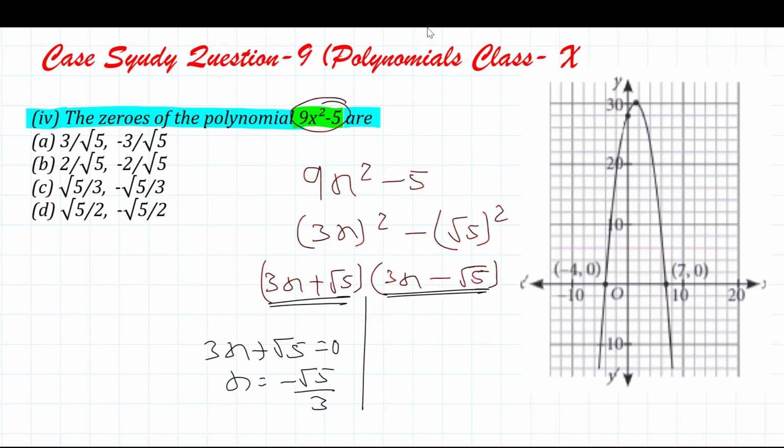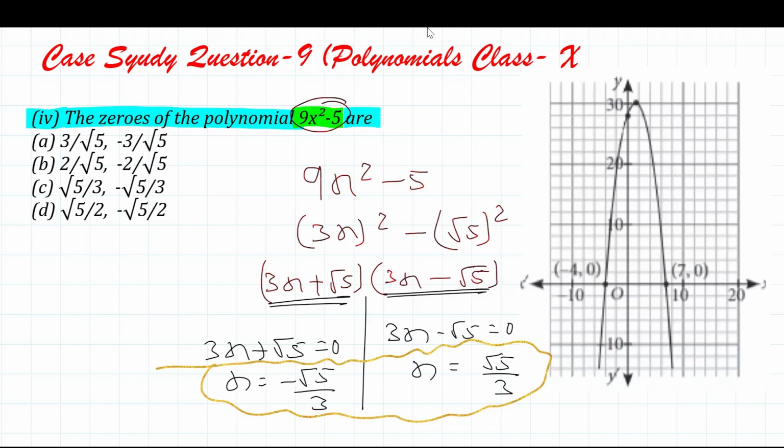And equating the second factor, 3x minus under root 5, with 0, same way, if I transpose root 5 to the other side, it is positive root 5 divided by 3. Yes, so these are the two zeros. So it is root 5 by 3 and negative root 5 by 3. Yes, this is the correct answer.